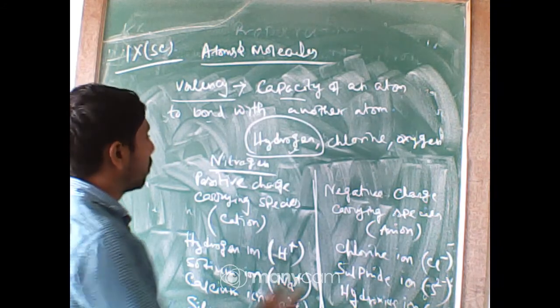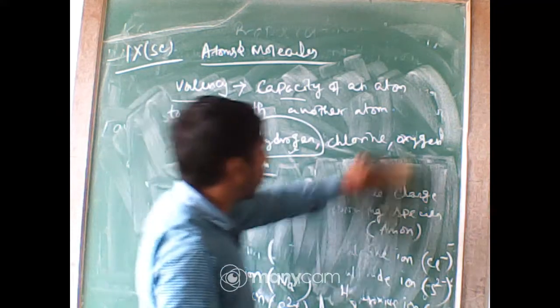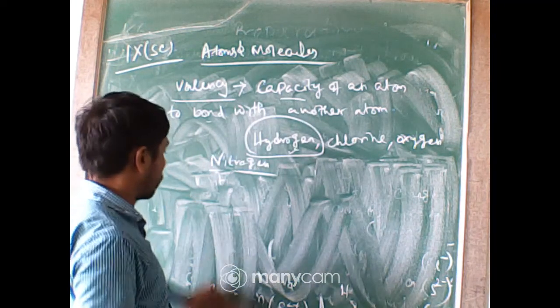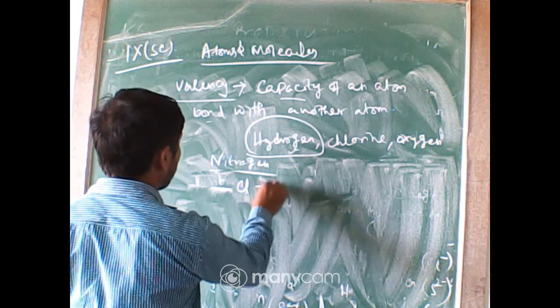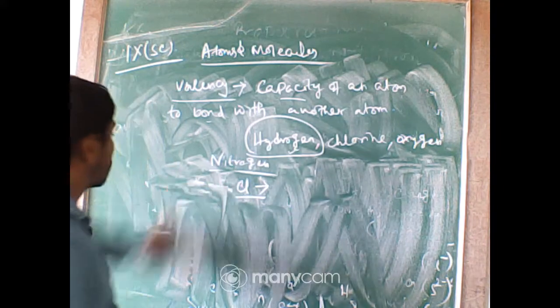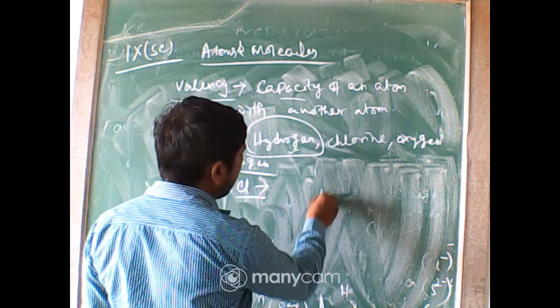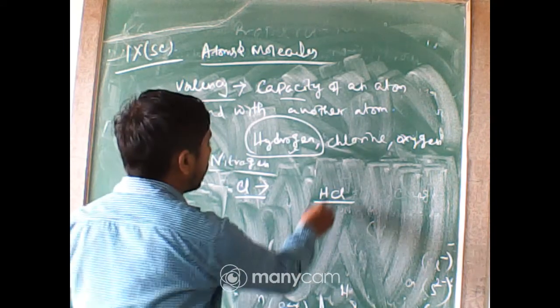If we take the example of chlorine, Cl, how many atoms of hydrogen bond with chlorine? We know the example of HCl, that is hydrochloric acid. Here only one hydrogen atom.